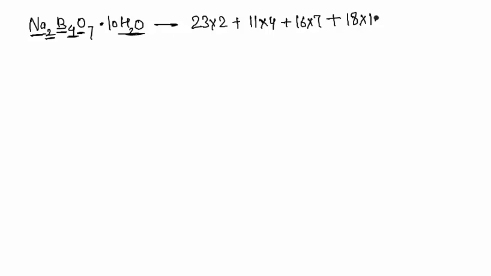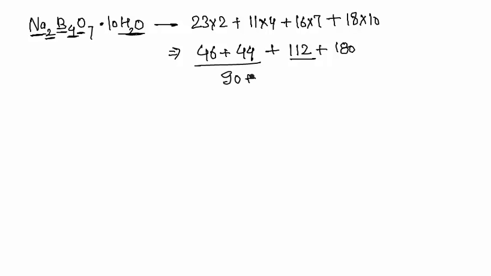So this value will be 46 plus 44, plus 112, and plus 180. So 46 plus 44 is 90, plus 112, plus 180, and when you add this, it becomes 382 U.